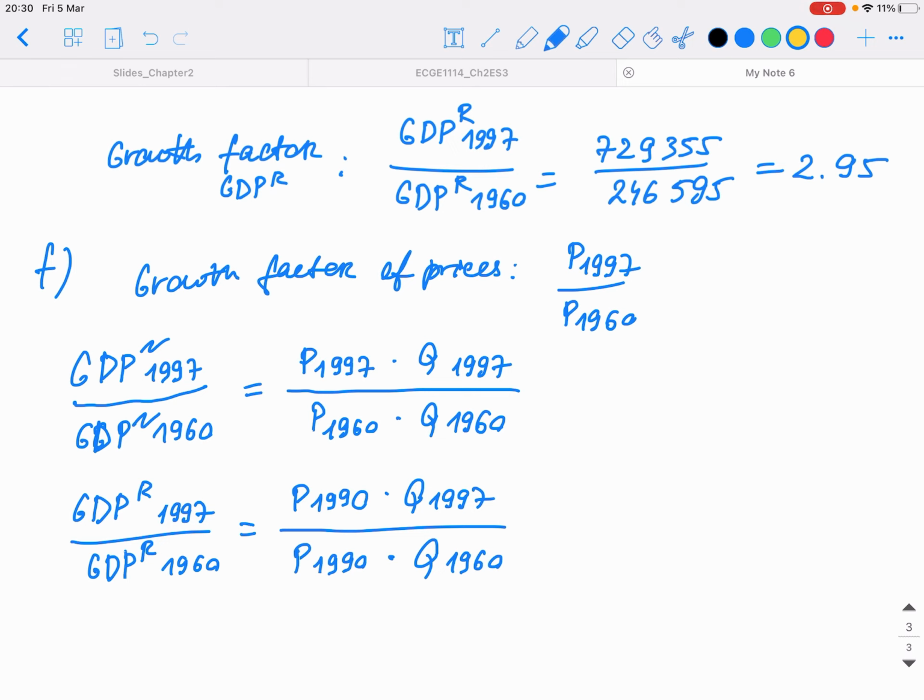And so here we see that we can cancel out prices, and that's indeed what real GDP shows us. It just shows, you remember, the change in the quantity produced only.